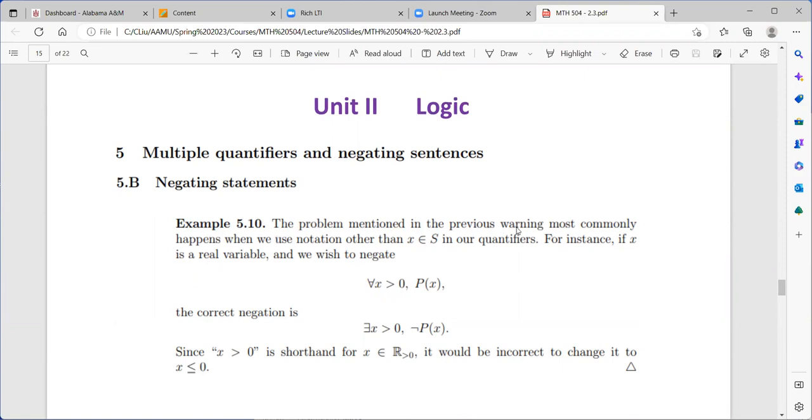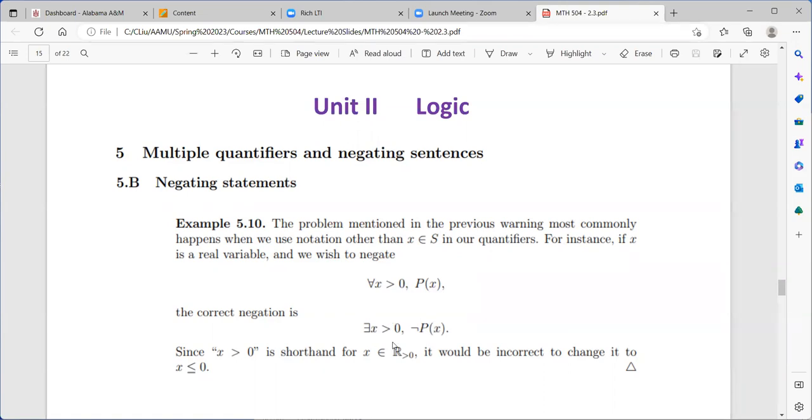So the problem mentioned in the previous warning most commonly happens when we use notation other than x belonging to S in quantifiers. So in this case, it's greater than instead of belonging to. For instance, x is a real variable and we wish to negate this statement: for arbitrary x greater than 0, P(x) is true. The correct answer: there exists x greater than 0 such that the negation of P is true, or P is false.